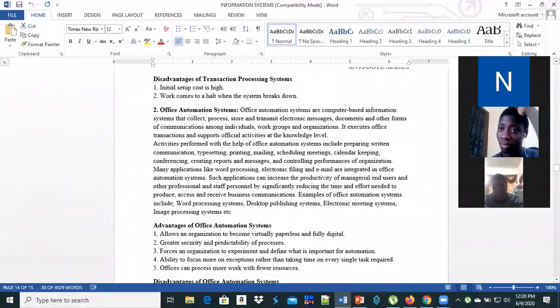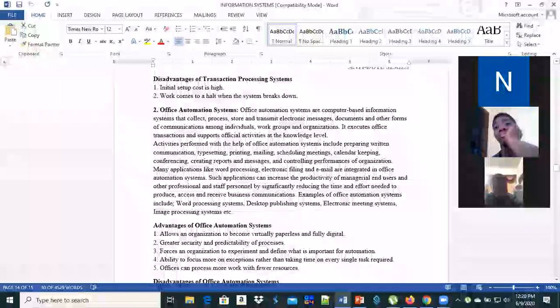There are systems that manage office what? Documents. Yes, there are systems that manage office documents, and it is very correct. Though we have some office automation systems that do more than just managing office documents, but the underlying structure of every office automation system is to be able to manage documents.